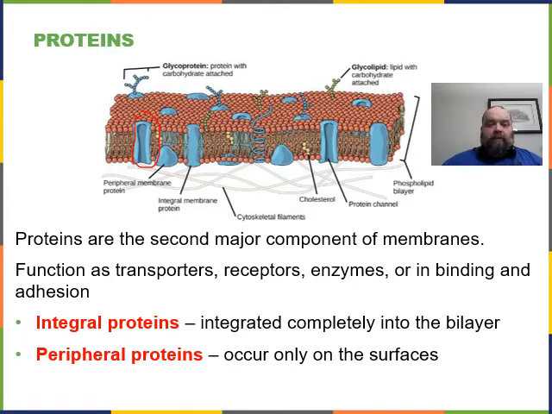You also have, as we see right here, something that just sits either in one half of the membrane or just outside, just to the outer edge of the membrane in the cytoplasm. These are the peripheral proteins. They're at the periphery of the plasma membrane.